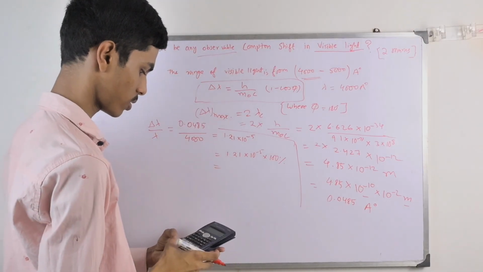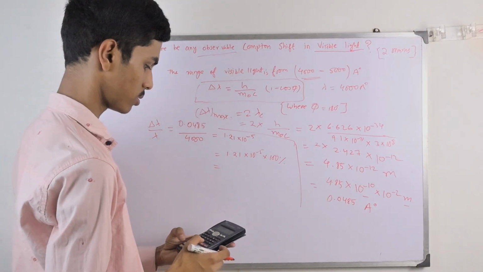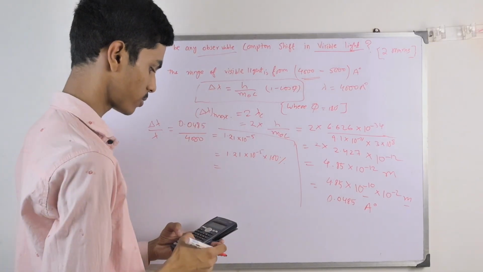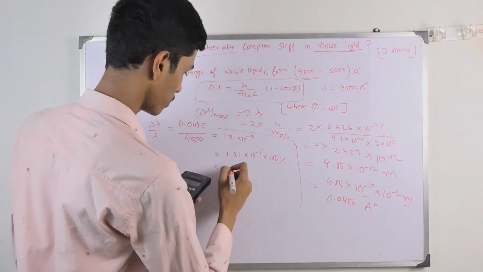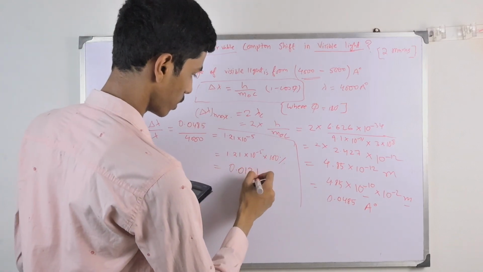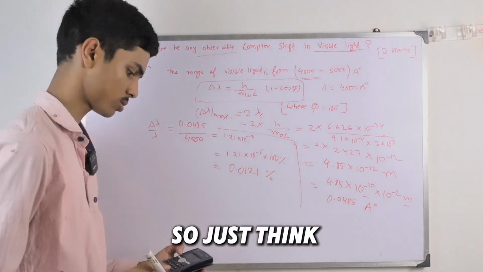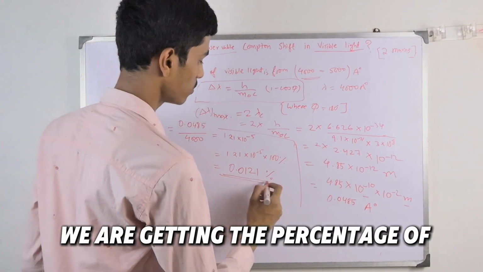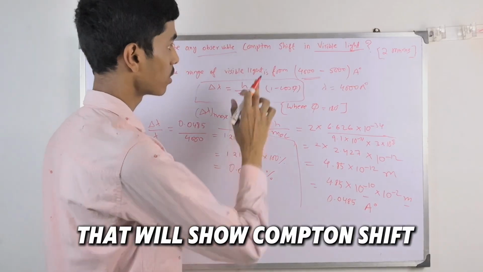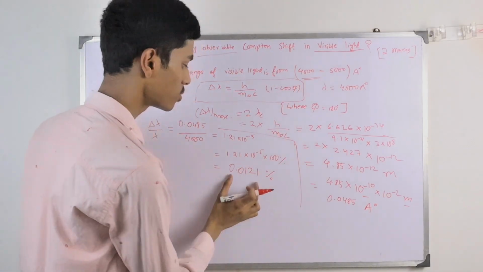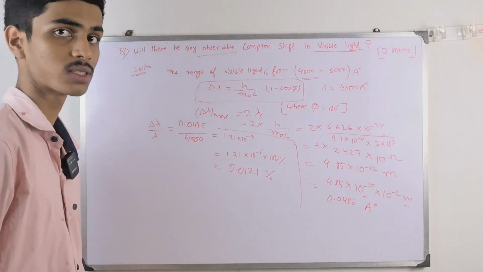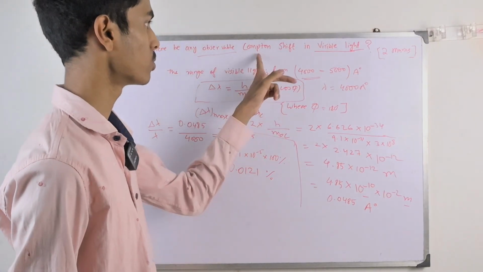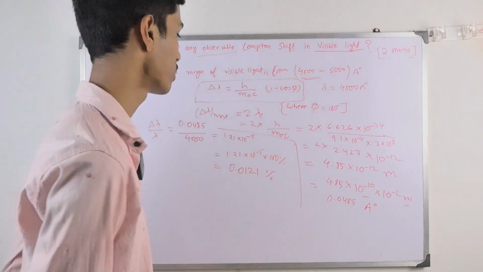Doing it, 1.21 into 10 to the power minus 5 times 100 leaves minus 2, so it will be 0.0121 percent. So just think, the percentage of visible light that will show Compton shift is 0.012%. This amount is very little to show Compton shift.